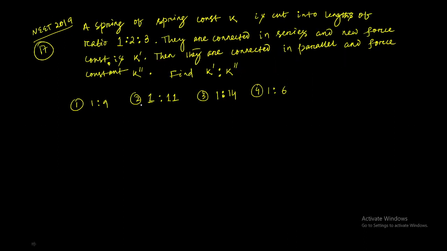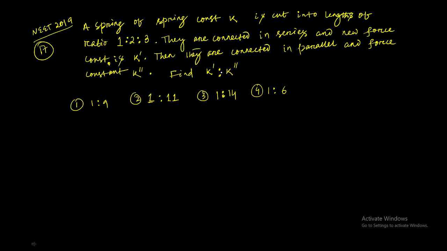Now question number 17. A spring of spring constant K is cut into lengths of ratio 1:2:3. They are connected in series and their new force constant is K dash. They are connected in parallel and the force constant is K double dash.